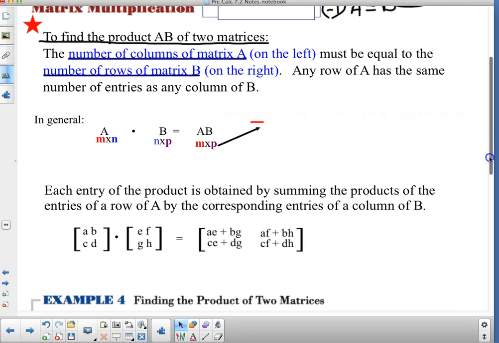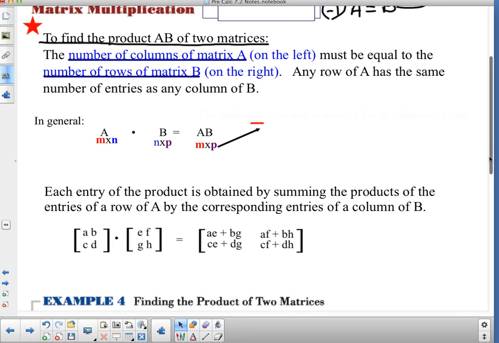Now, to find the product AB of two matrices, finding products is a little different. It's not a one-to-one like it is with the row column, and they don't have to have the same order. So in general, we're going to be doing this. A, m by n, row by column, multiplies an n by p matrix, and then I end up having an m by p resulting matrix.